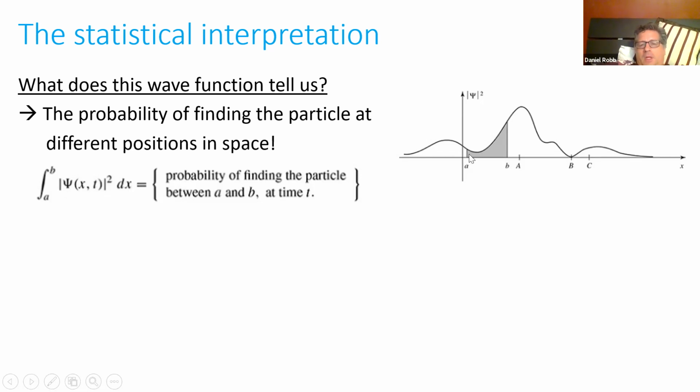Okay, and we'll see in a minute that that corresponds to something called a probability density, a probability per unit interval of length. So anyway, conceptually, the wave function tells us the probability of finding the particle at different positions in space, where that probability can vary from position to position.